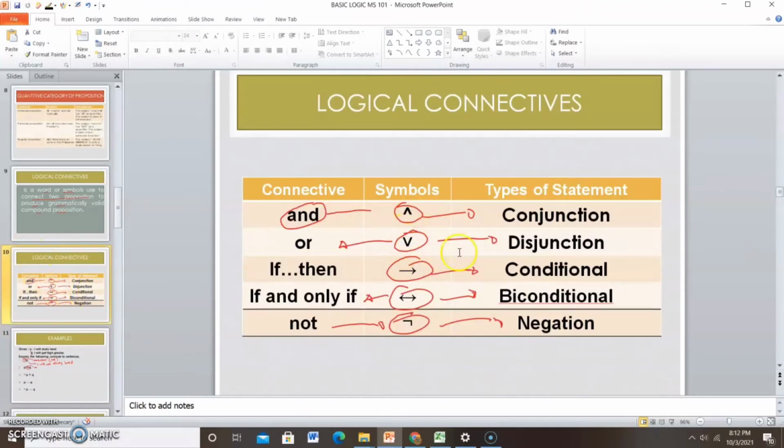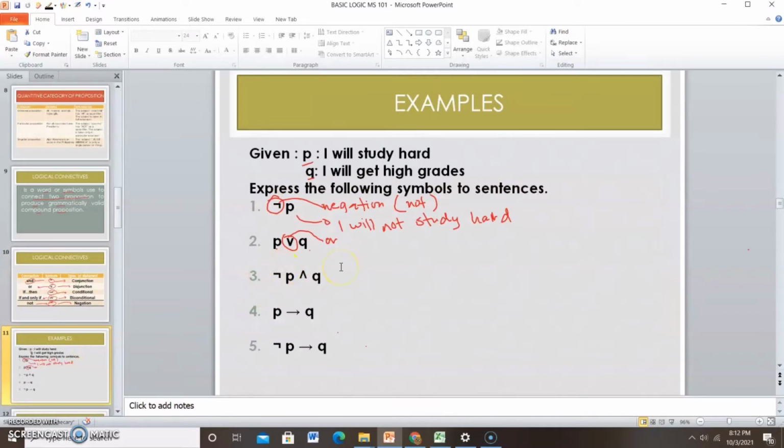As a sentence: I will study hard or I will get high grades.